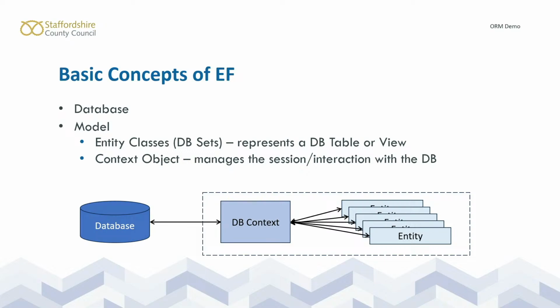The database context is basically the glue between the database and the software entities, and it manages the caching, the transactions. And it basically manages the relationships between the entities. A bit like a soft version of the database.